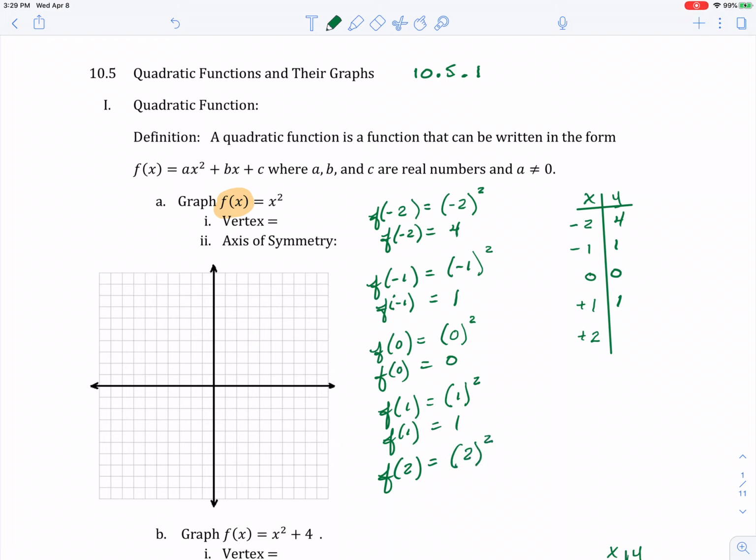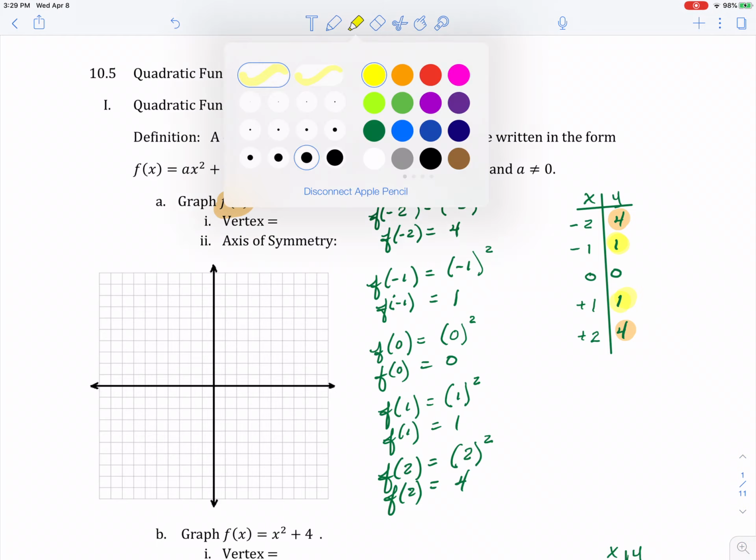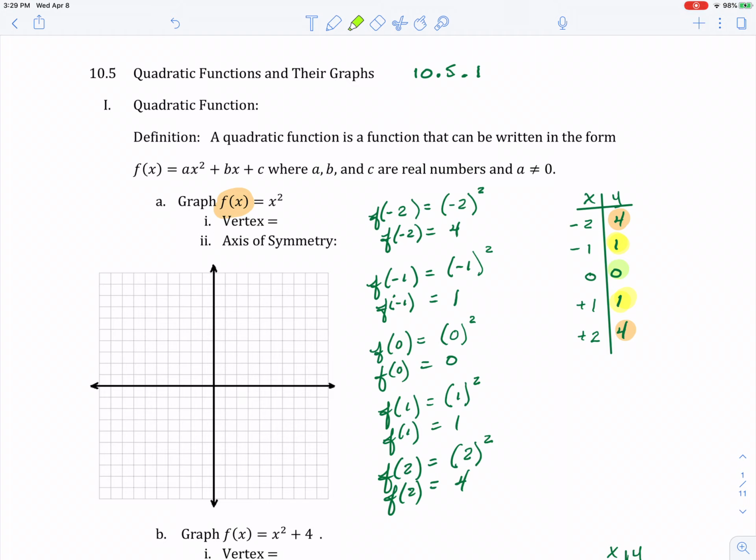I'm substituting in with +2, squaring that, and getting +4. So you're beginning to see here what's called symmetry. So things look like they are symmetric around that point 0, 0.